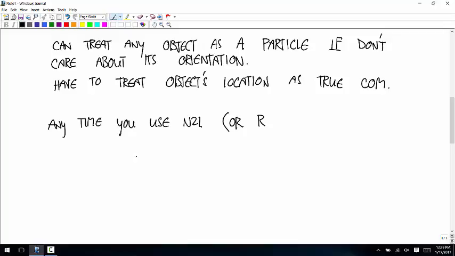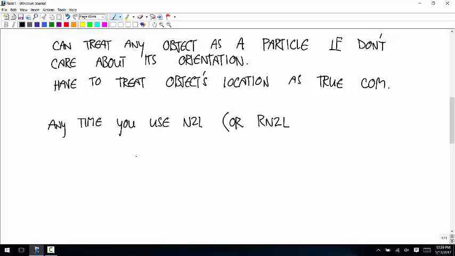N2L is Newton's second law, and Rn2L is rotational Newton's second law. I've sort of drifted into a lot of abbreviations over the years, and then I forget what classes I've mentioned what those stand for.